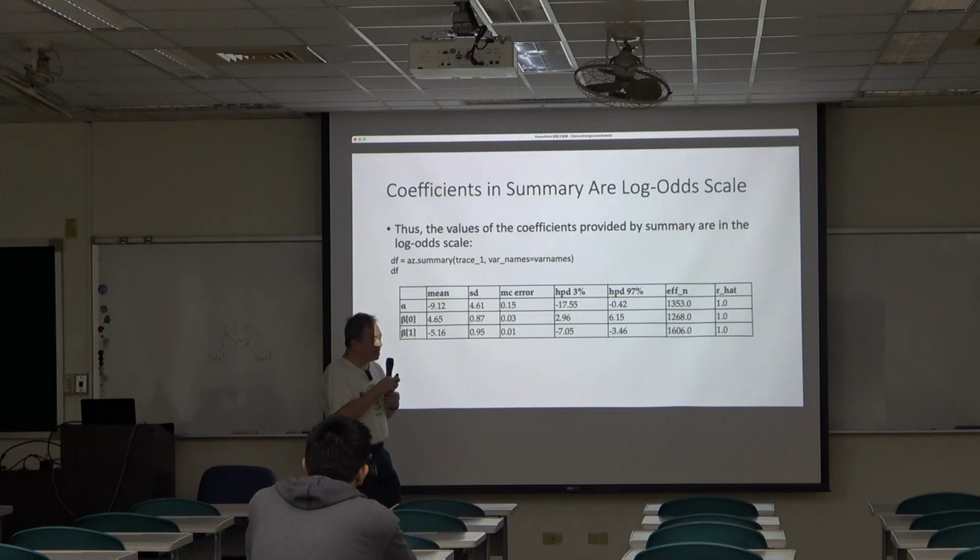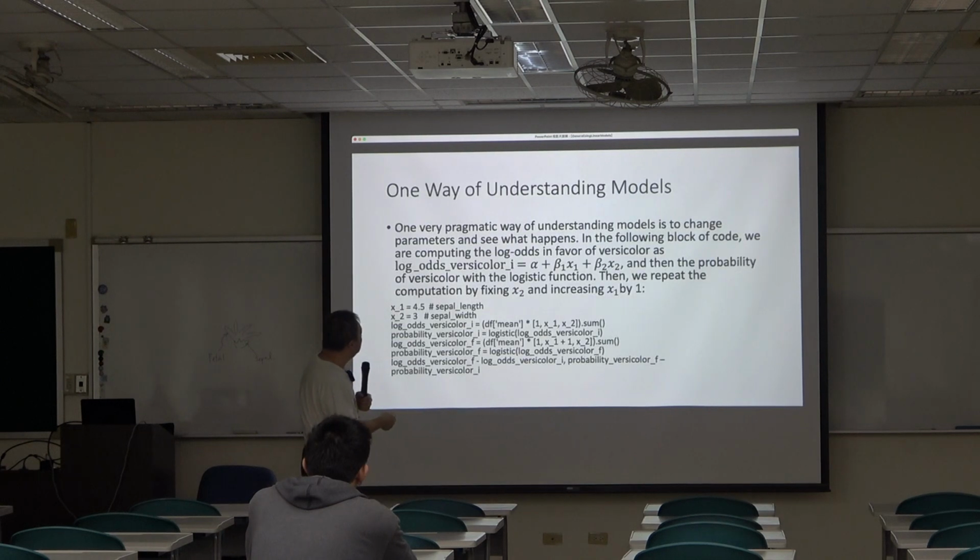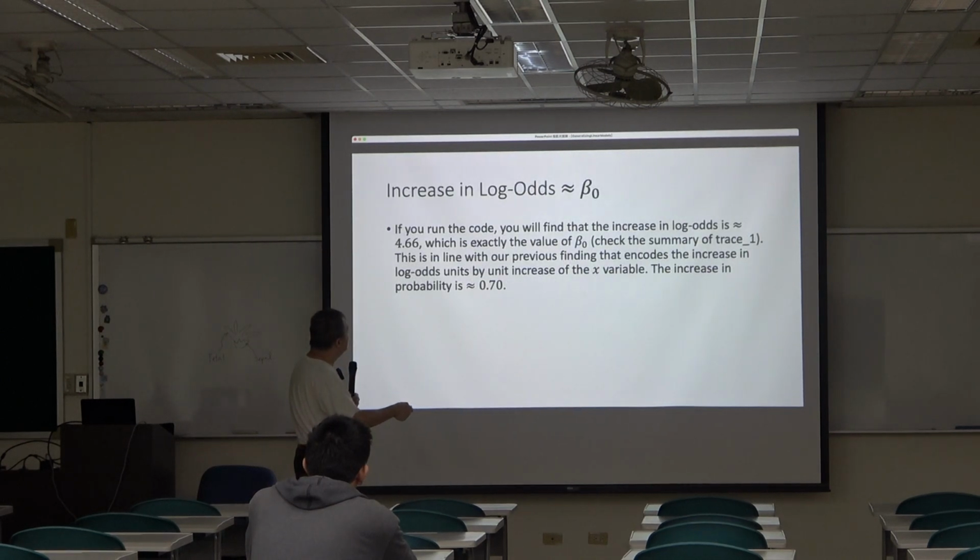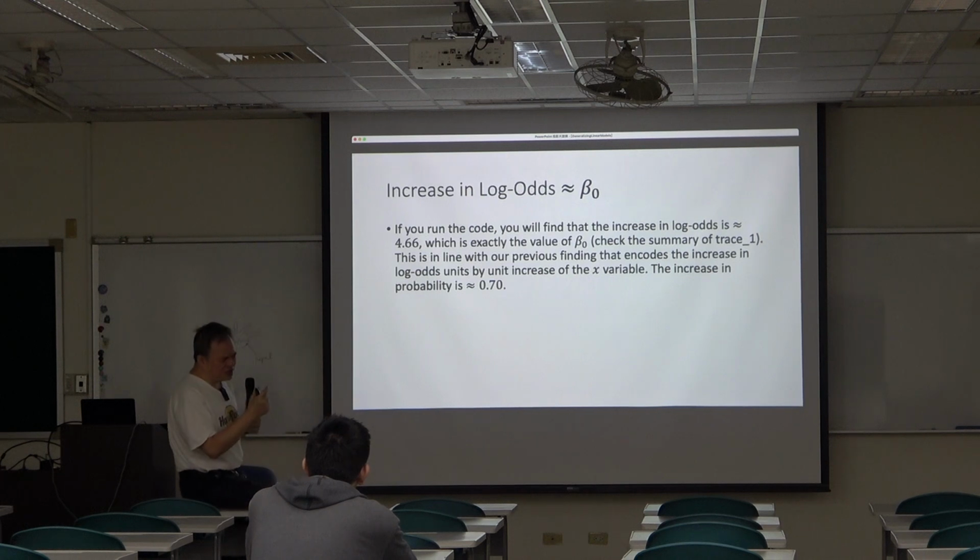So this tells you that increasing x1 by 1 results in an increase in log odds of about beta 0. It's not exactly beta 0, but it's a number very close to it.